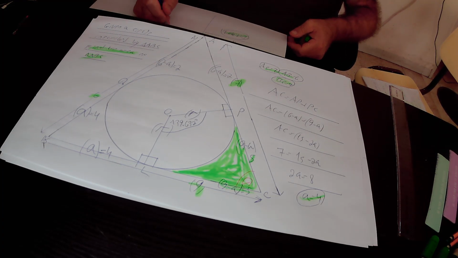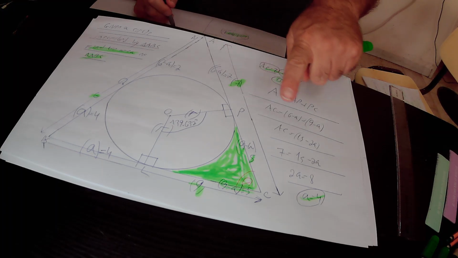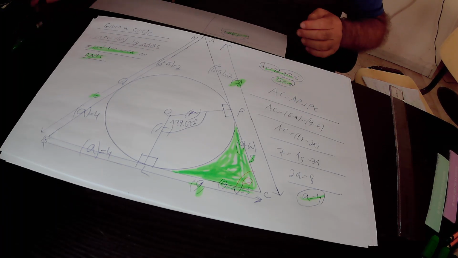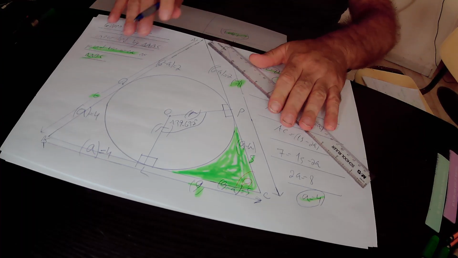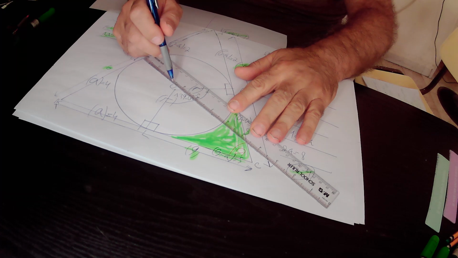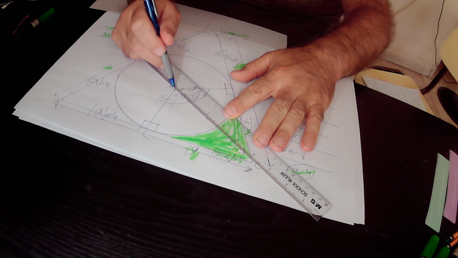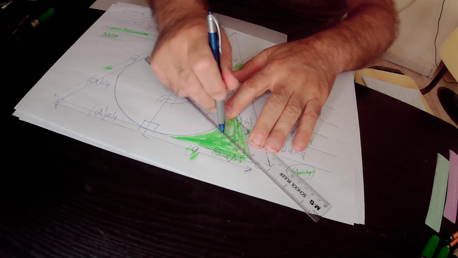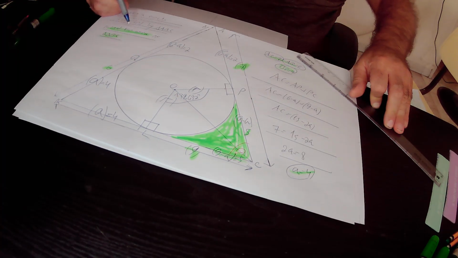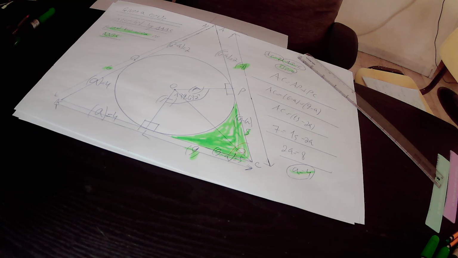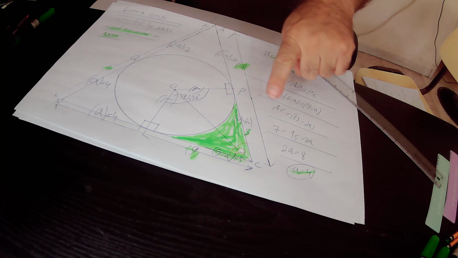In the next step, we'll join points O and C together by a straight line.